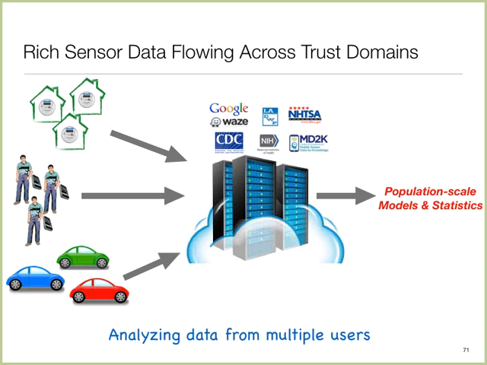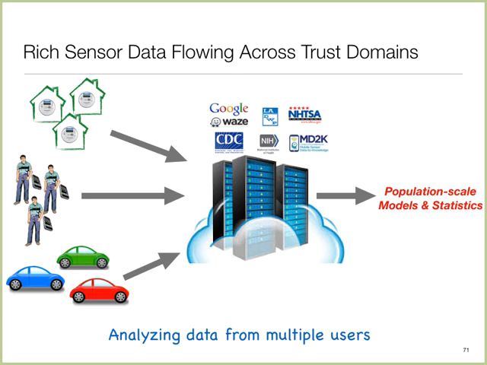So one way perhaps to get some handle around it is to really think in terms of what kinds of applications are using this sensor data. One very common class of application is the following. I have sensor data, and I want to create some sort of a population scale model of statistics.